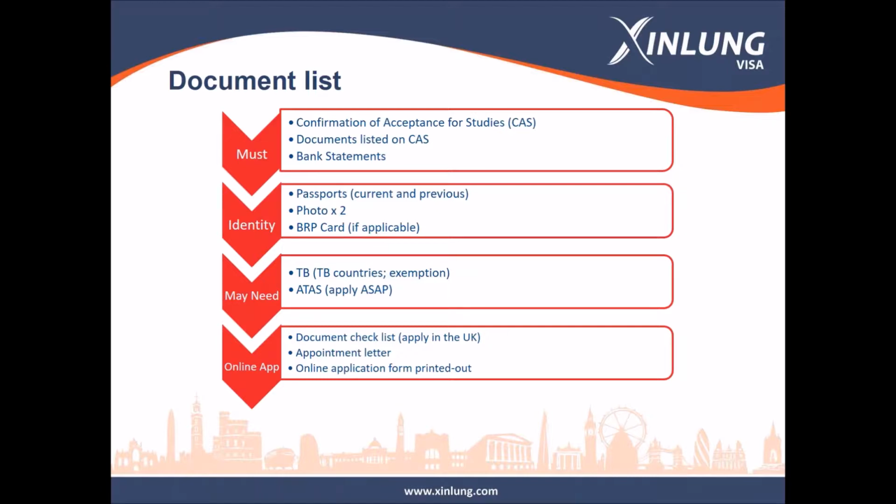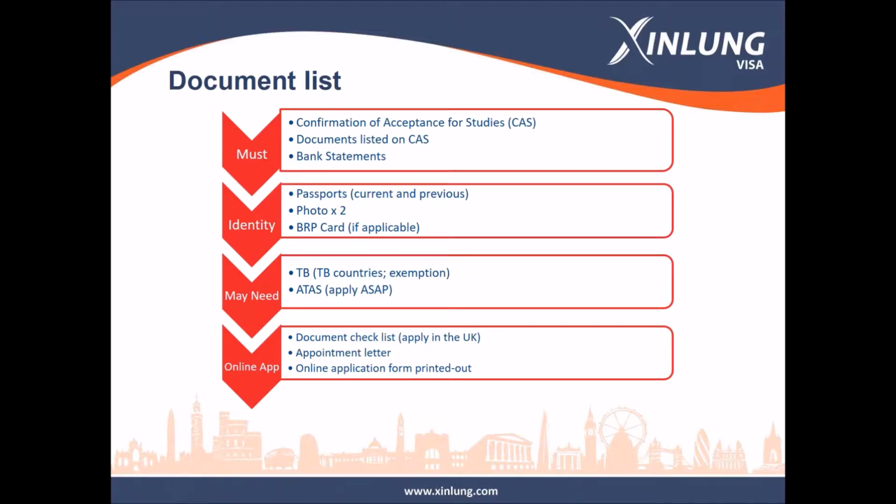Another essential element of your visa application is the documents listed on CAS, which refers to the evidence that you submitted to the university in order for them to give you the place. The CAS will state very clearly how they assessed these documents, and if they are listed on the CAS, in our visa application we must include the original documents.